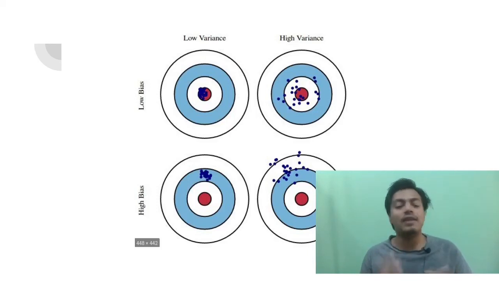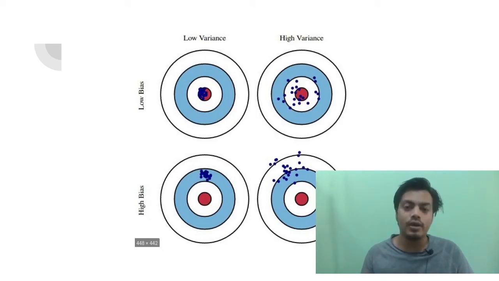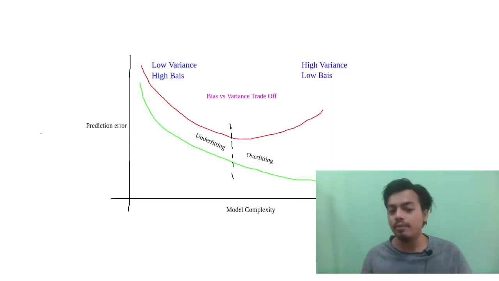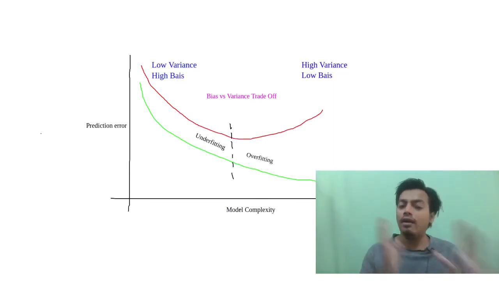Whenever the data is spread out, you have high variance, and high variance comes into the picture when a model is trying to overfit. When your model is in a very complex state, as model complexity increases, overfitting increases and the variance increases. When the model is simple, it is in the underfitting state, and in that state the bias is high and the variance is low.